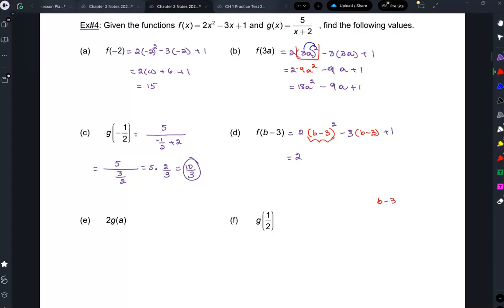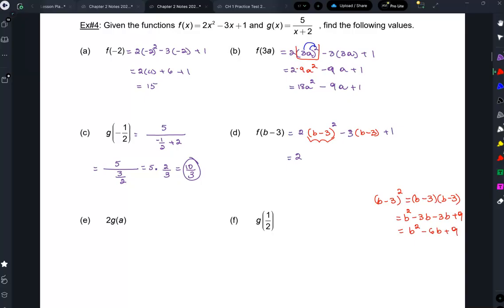B minus 3 squared is like b minus 3 times b minus 3. So if I FOIL, b squared minus 3b minus 3b plus 9. So this is b squared minus 6b plus 9.